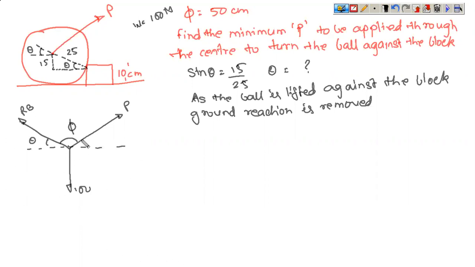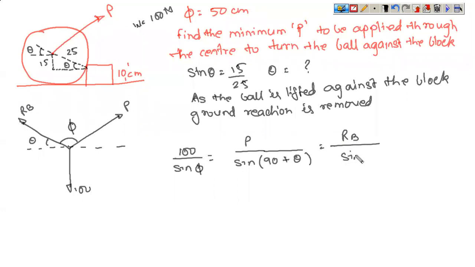So now let us frame the equation. If you frame the equations, you have 100 divided by sine phi is equal to P divided by sine (90 plus theta), and this is equal to RB divided by sine (180 minus theta minus phi).